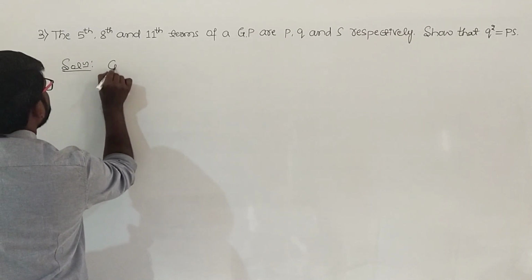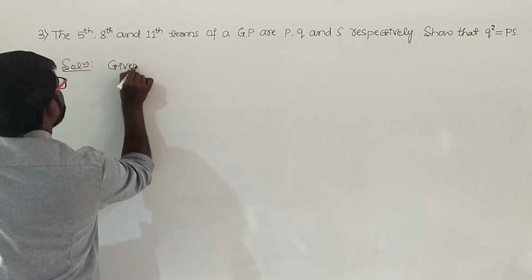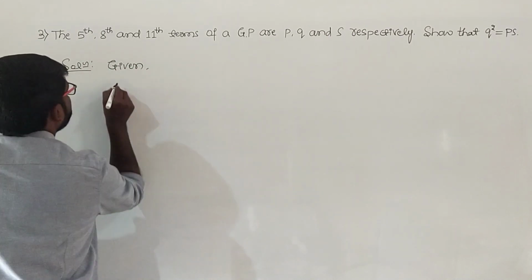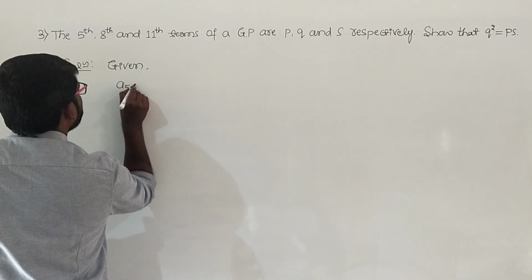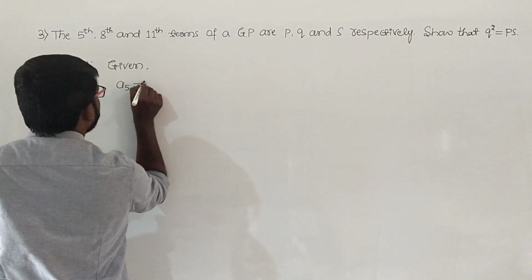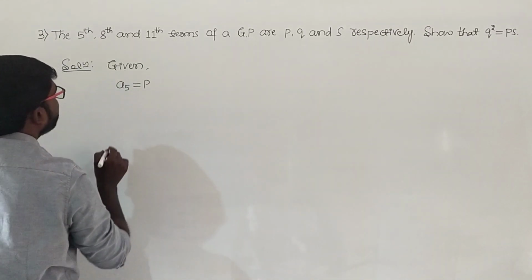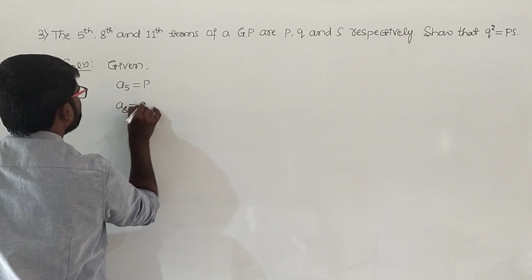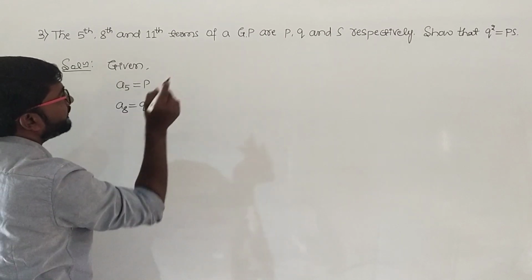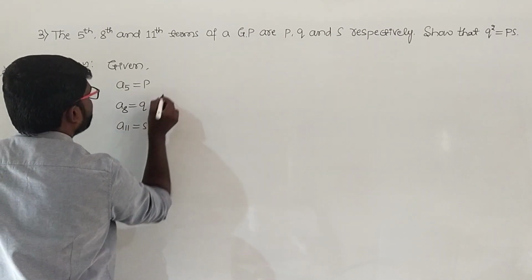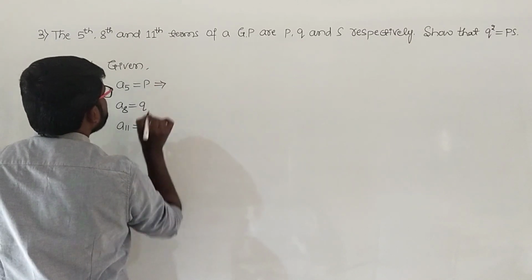So here given, the 5th, 8th and 11th term, that is A5 is equal to P, A8 is equal to Q, and A11 is equal to S.